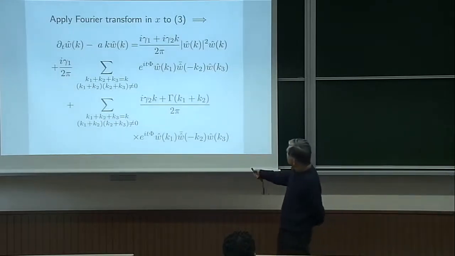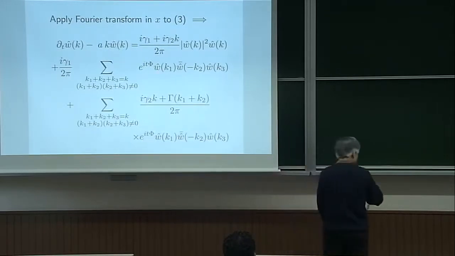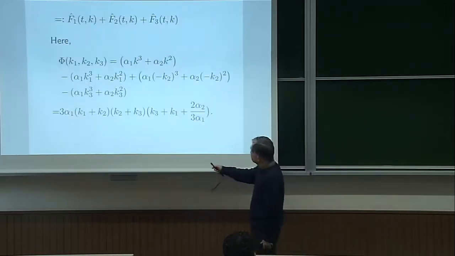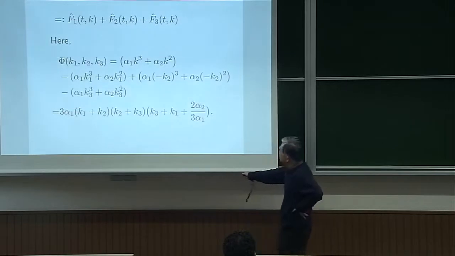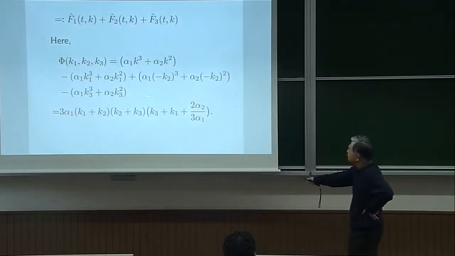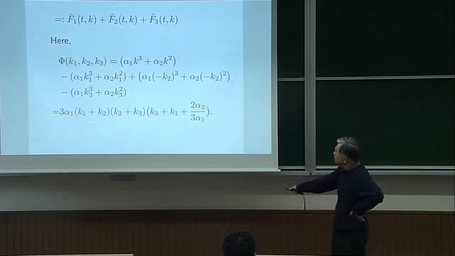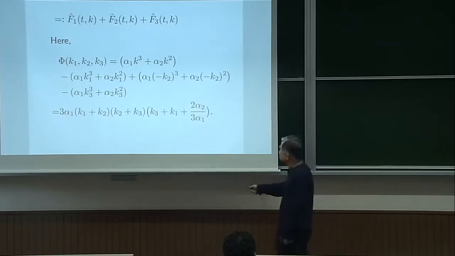But these two terms are called non-resonant because here there is an oscillation factor. What is capital phi? Here capital phi is defined as this function.